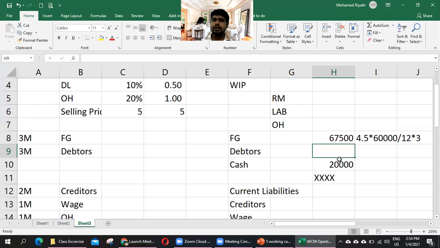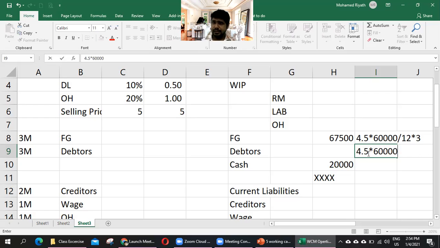We do not include any profit margin here, right? In this example, how much is the production cost? 4.5 rupees.